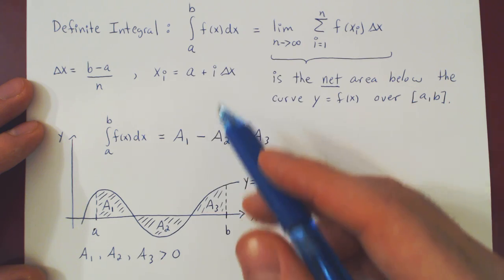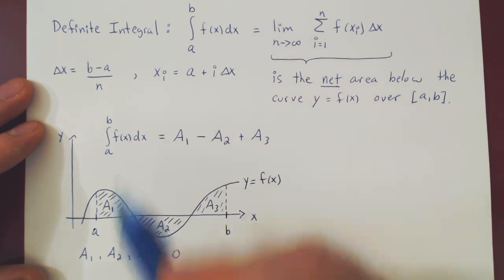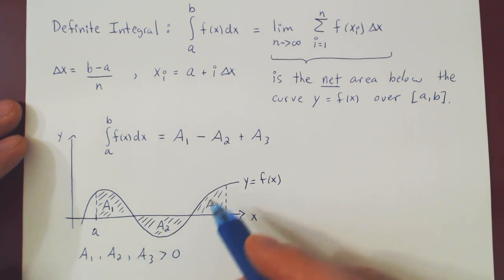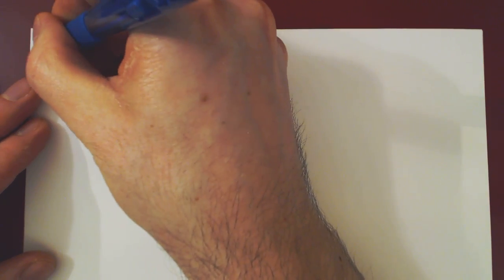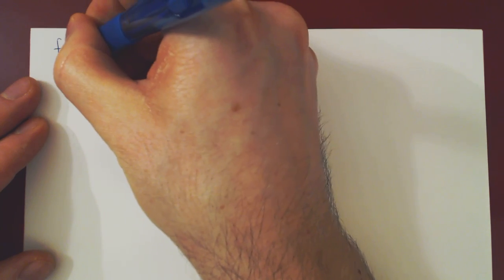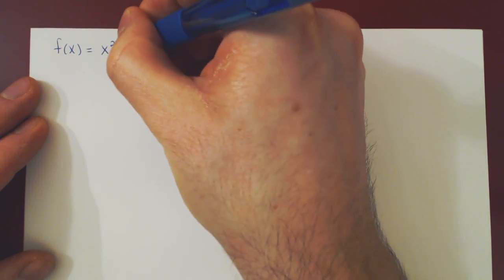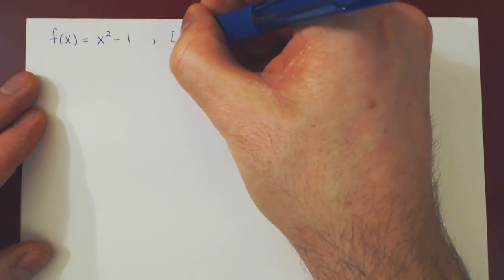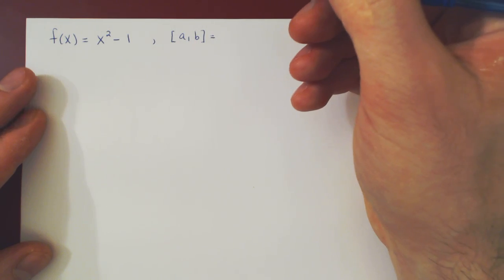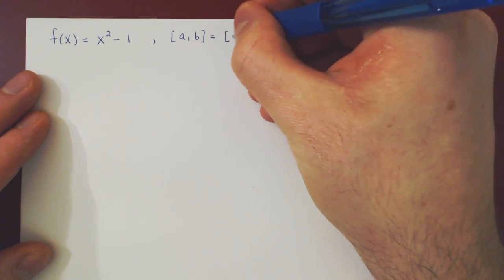Now, let's do an example with an actual interval and an actual function to see an example of such a case. So we'll take the function f of x being the one we had in the past, x squared minus 1, and we'll take the interval a b to be the interval, say, 0 to 2.